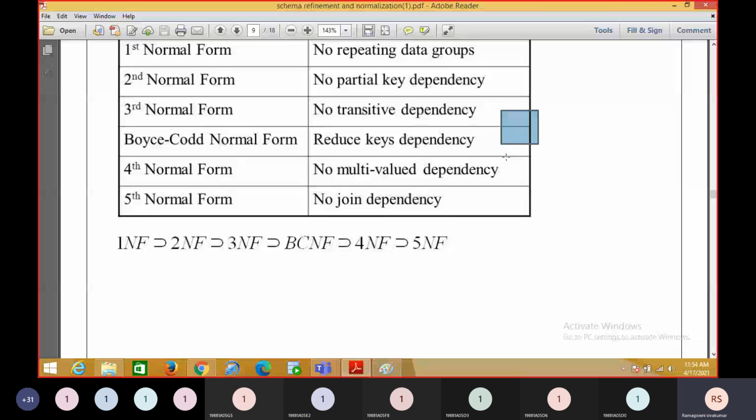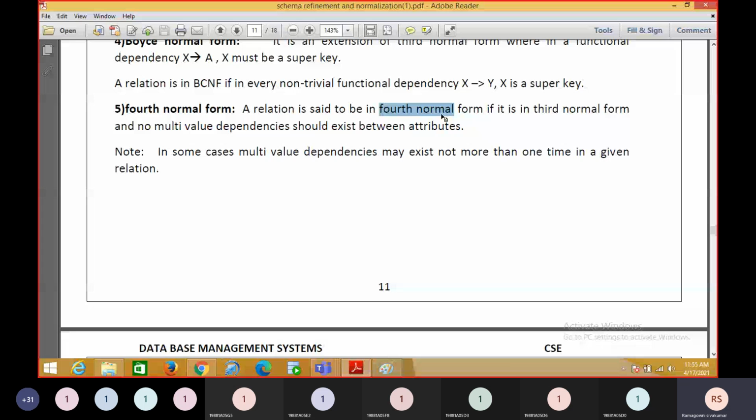A relation is said to be in fourth normal form, see here, you can see the rules. A relation is said to be in fourth normal form if it is in the third normal form, and no multi-value dependency should exist between the attributes.